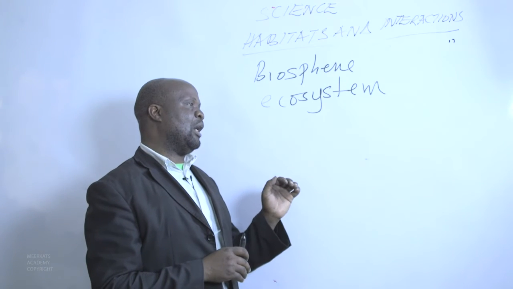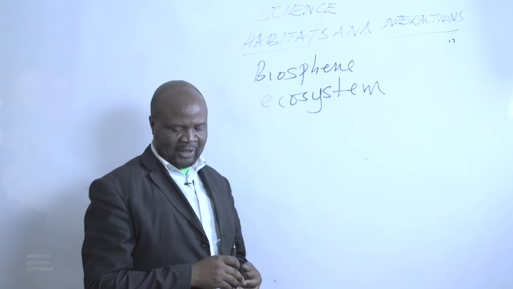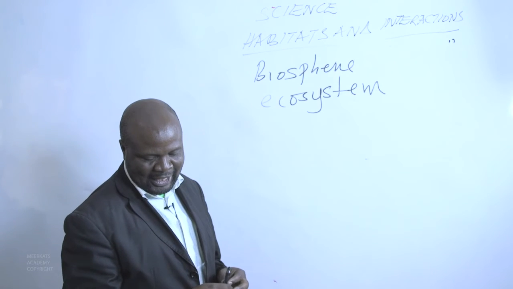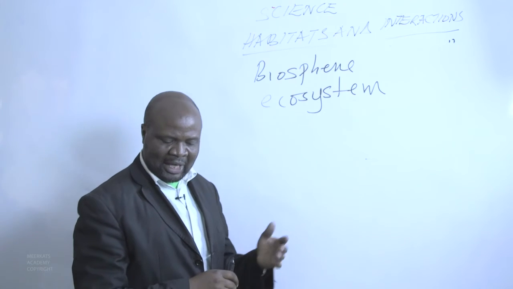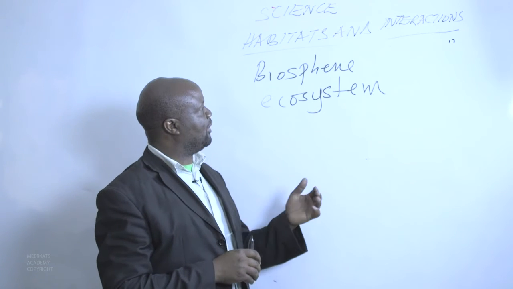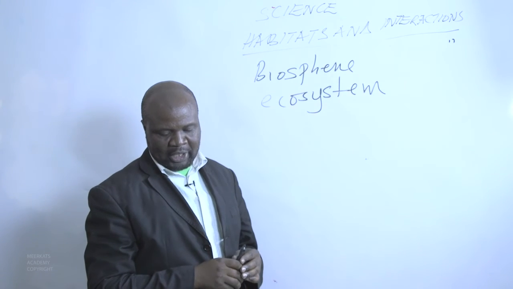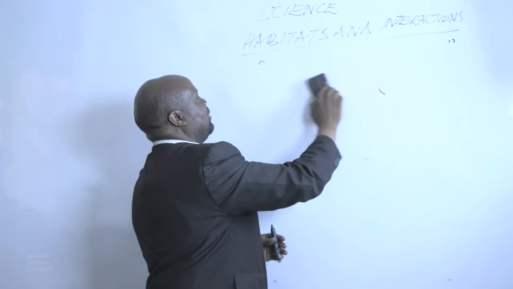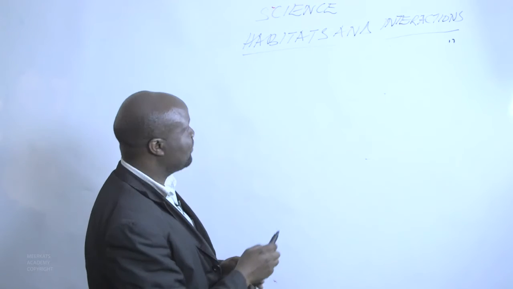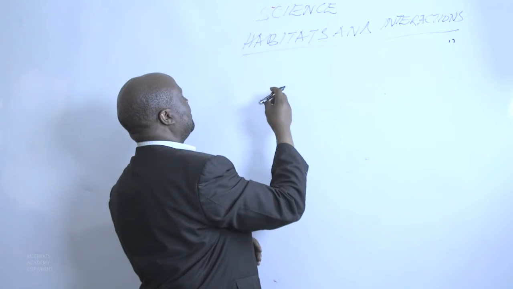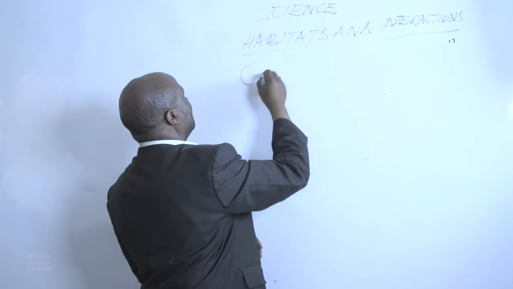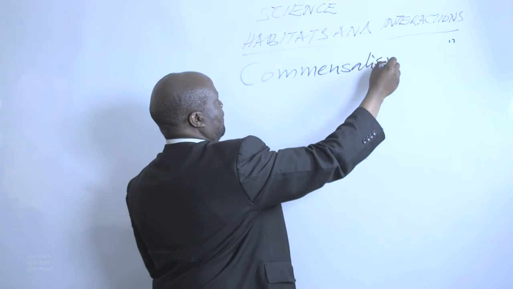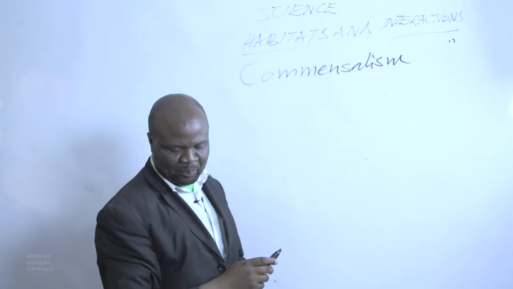When we talk of organisms depending on others, there are three main types of interdependence, of depending on one another. One of them we call commensalism. Commensalism, I'll write it on the board. Yes, commensalism.